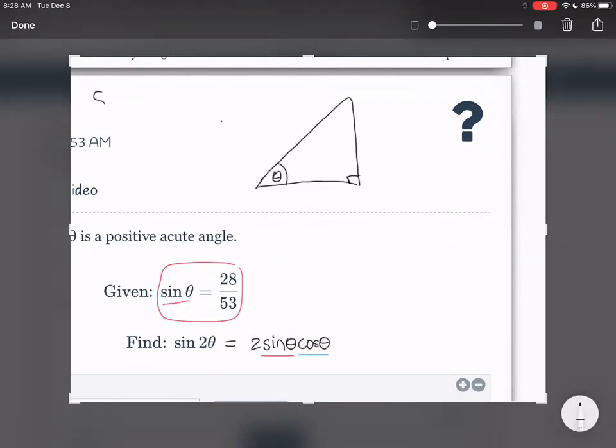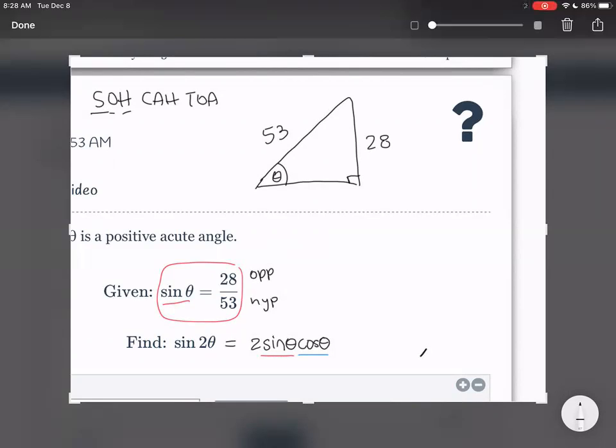And according to SOHCAHTOA, sine is the opposite over hypotenuse. That's what the SOH stands for. So that means the 28 is the opposite and the hypotenuse is 53. So I'm going to label that opposite side 28 and the hypotenuse 53.